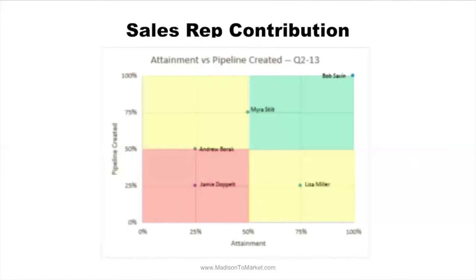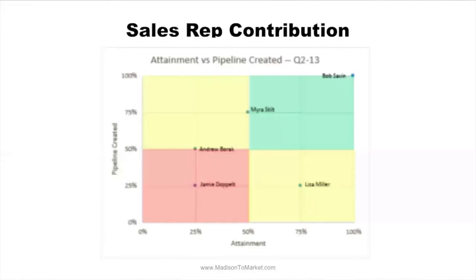But then there's those reps in red who are going to have some explaining to do. If you haven't been closing pipeline and you haven't been creating pipeline, management's likely to focus on these people while wondering what they've been doing with their time every day. So at the end, this graph brings visibility to the performance of the sales teams, and it evaluates reps in comparison to their peers.